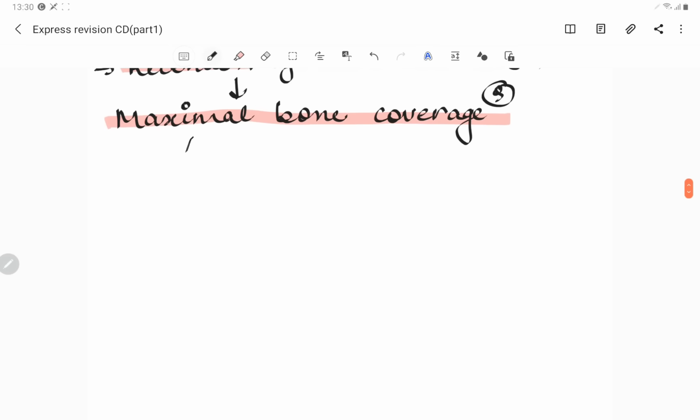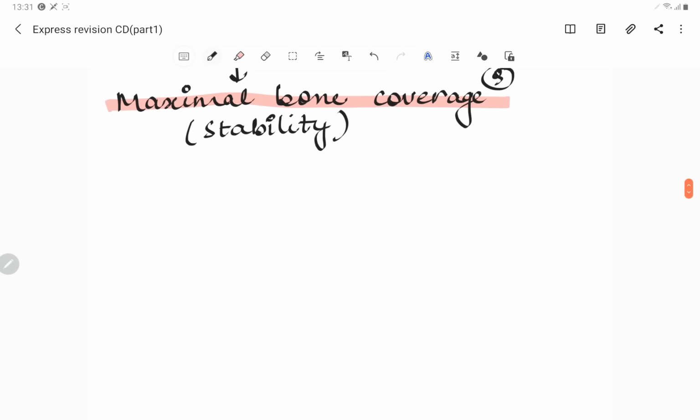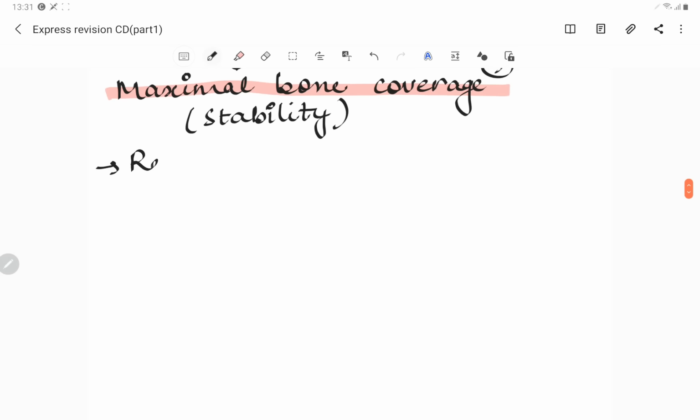So it basically depends on stability, the snowshoe effect, right. So a large surface area should be covered. The retromolar area should be covered because we want to include a large surface area in order to get stability and retention in the mandibular denture.